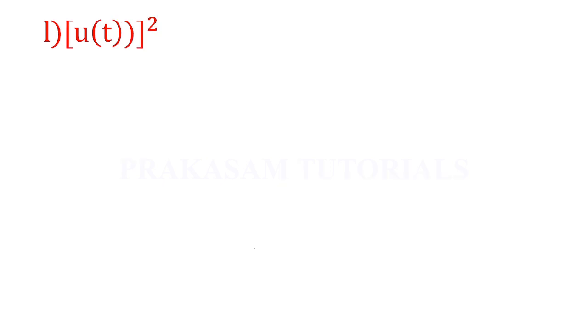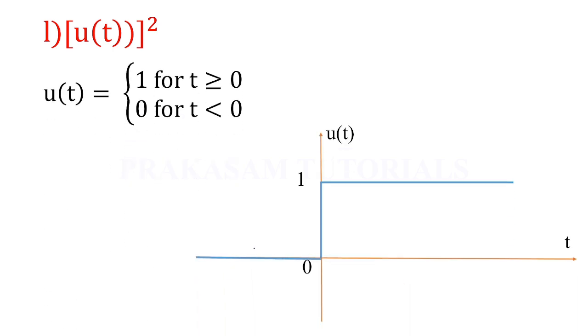The next one is u square of t. So u of t whole square is written as u of t into u of t. u of t is the unit step signal, and this is the definition of the unit step signal: u of t is equal to 1 for t greater than or equal to 0.